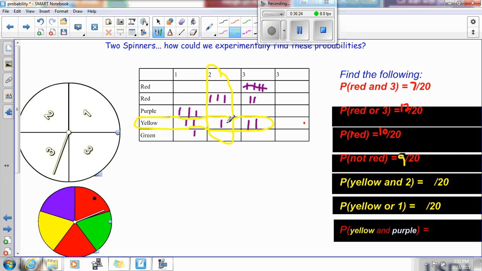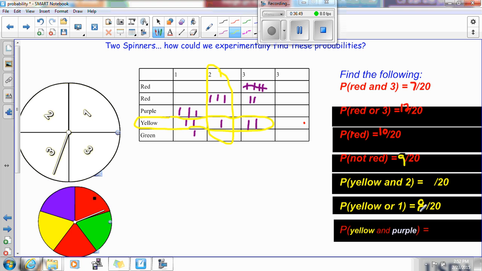So we've got 4, 5, 6, 7, 8. Now notice I did not count this one twice. It does not get counted twice. So that's 8 for yellow or 2, because it could be either or. So that's for the or, that's 8 out of 20.